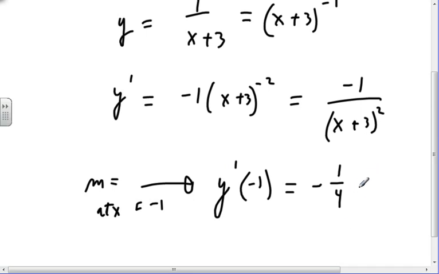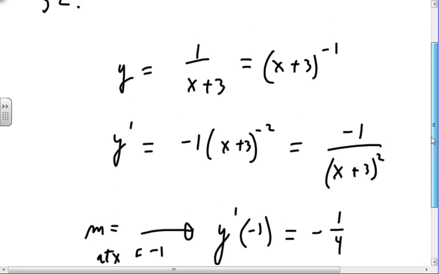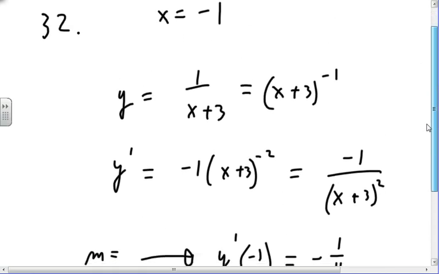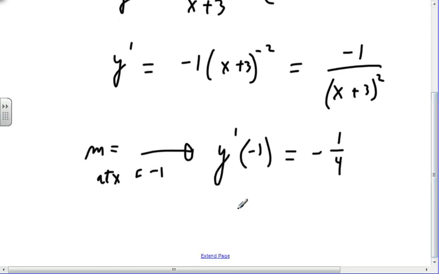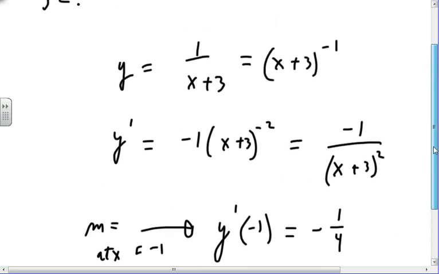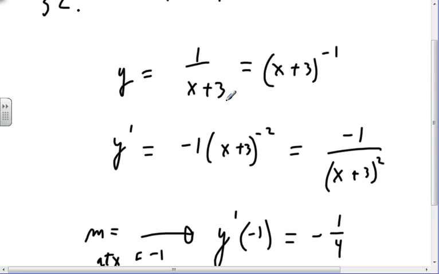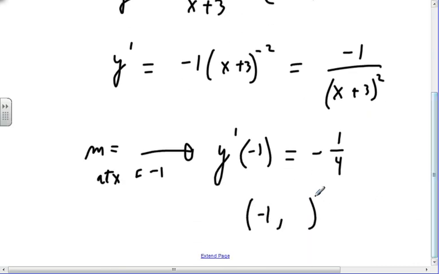So I know the slope of the curve is minus 1/4. And I know I've got a point on the curve at minus 1 and 1/2. Minus 1, 1/2 is a point on the curve.